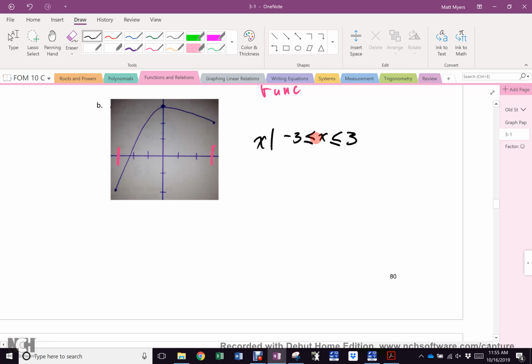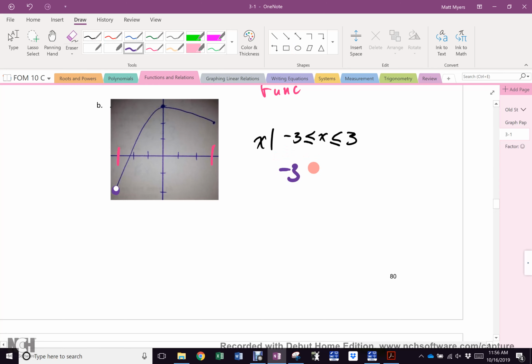Now, let me ask you this. What do you think would happen if this dot right here wasn't colored in? Do I actually hit 3? No. So if that dot's not colored in, what do I write here instead? And I'm going to do that in purple. -3 what?